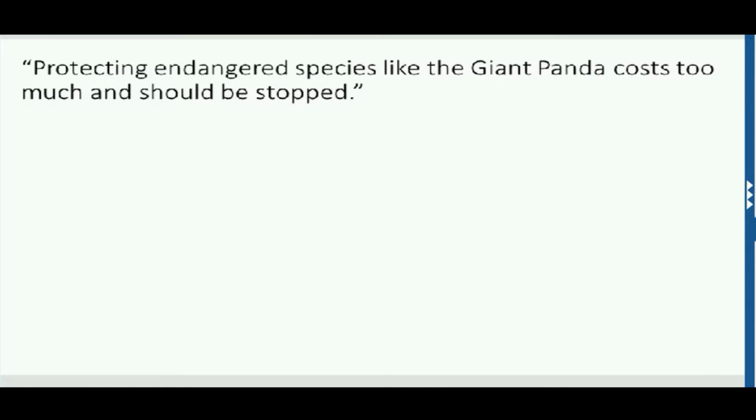This is a weak statement that they want you to make less weak: protecting endangered species like the giant panda costs too much and should be stopped. So you might want to say something like, protecting the giant panda diverts resources from critical areas and should no longer occur.